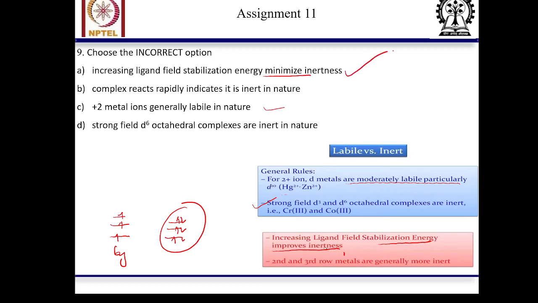So that is one incorrect option. Second, complexes that react rapidly indicate that it is inert in nature is also incorrect, because they will be labile in nature. So the correct answer for question number 9 is A and B both.